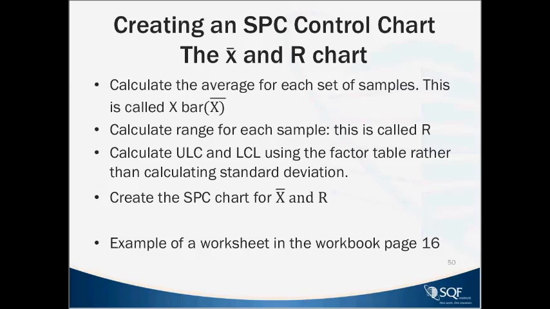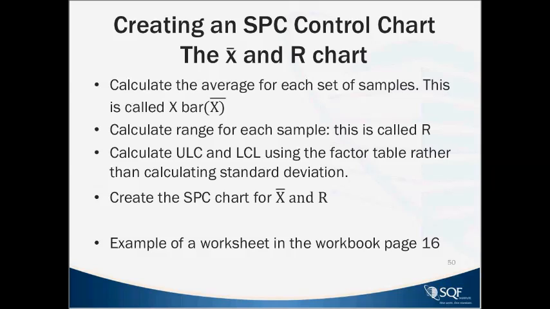So those 21 points may be 15 minutes apart. So every 15 minutes we would grab 5 cans, and in the workbook you can see that for each 5 cans we're measuring what the average for those 5 cans are.